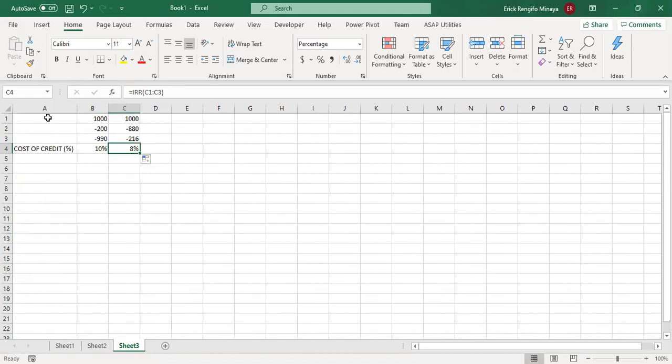So the way you compute the cost of credit, guys, what is the interest rate for bank number 1 and bank number 2, is simply you use the command internal rate of return. Okay, everyone is with me? How do you compute that one?